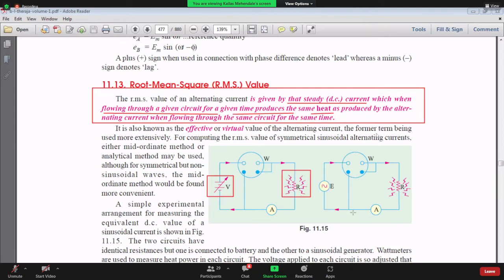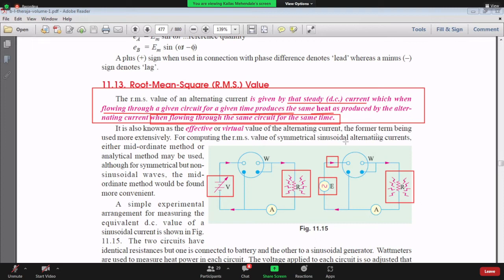The current was allowed to flow for a definite amount of time, and it produced some amount of heat. Now through the same resistor, an AC current was made to pass for the same time. Alternating current when flowing through the same circuit for the same time must produce the same heat, and that value of current is called the root mean square value, or the RMS value, of the AC current.